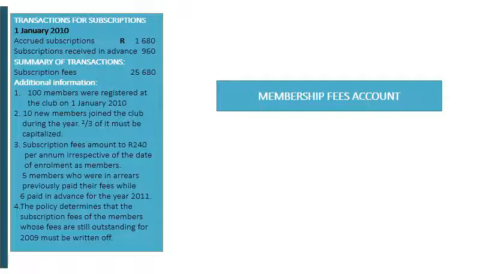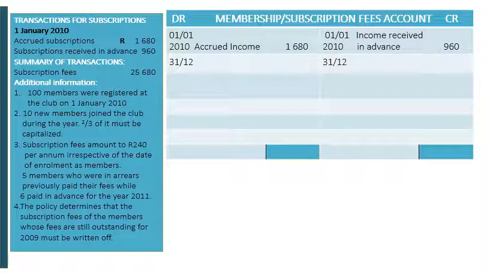Lastly, the policy determines that the subscription fees of the members whose fees are still outstanding for 2009 must be written off. The ledger account will be drawn as follows for subscription fees.